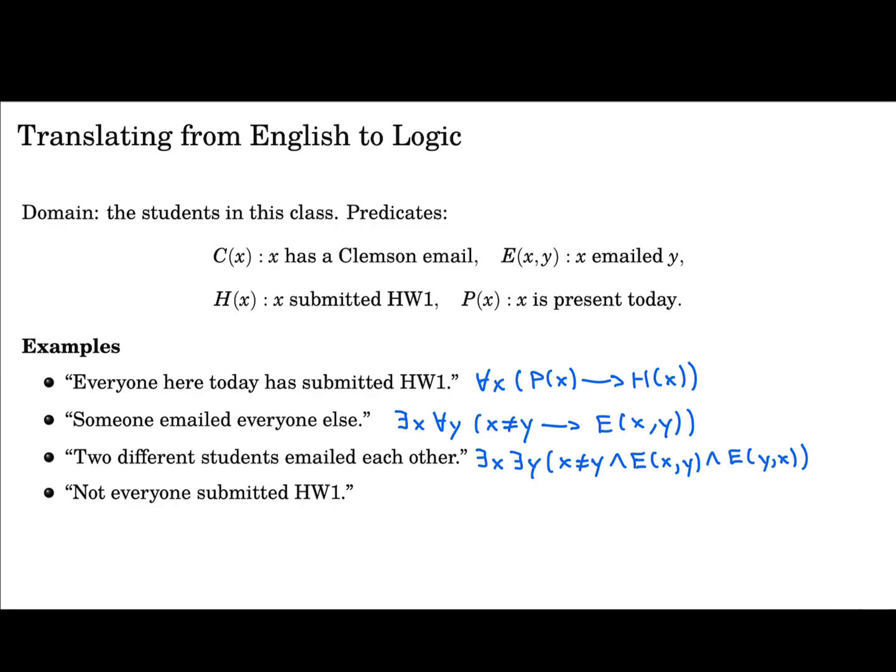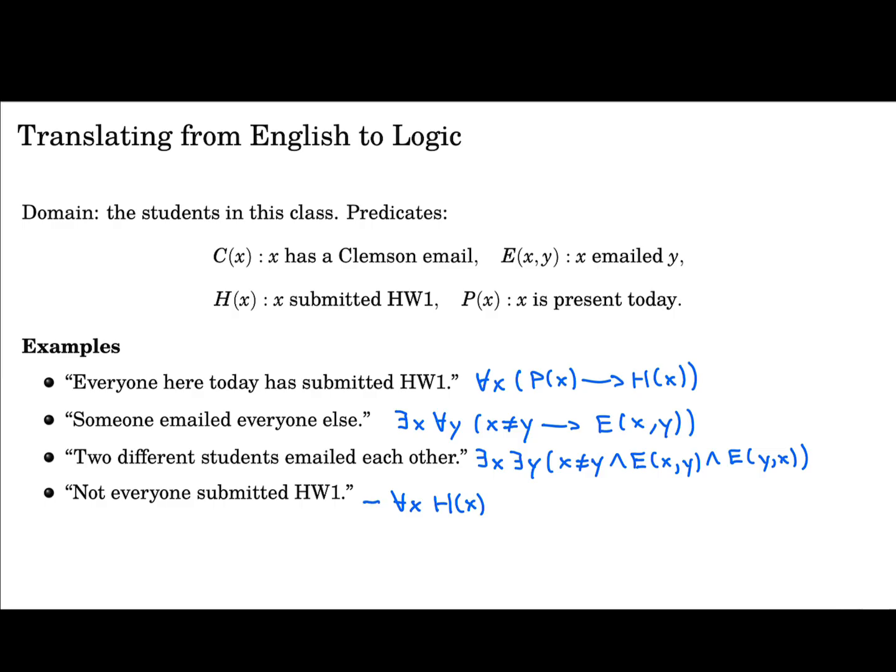Okay. And let's do the last one. And the last one, I'll show two equivalent forms. So not everyone submitted homework 1. One way to do that is, sometimes it's easier to just deal with the positive version. So if I wrote for every X, H of X, this means that everyone submitted homework 1.